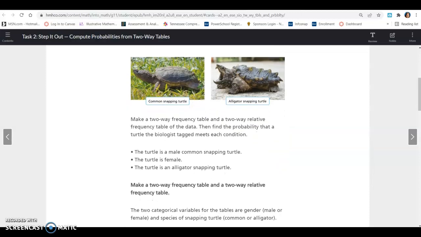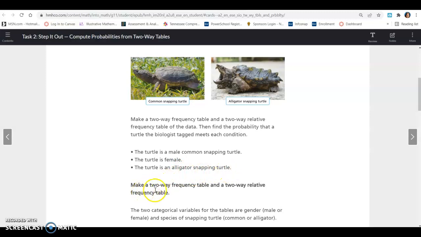You can see the image of the common snapping turtle and the alligator snapping turtle. Make a two-way frequency table and a two-way relative frequency table of the data. Then find the probability that a turtle the biologist tagged meets each condition: the turtle is a male common snapping turtle, the turtle is female, or the turtle is an alligator snapping turtle.